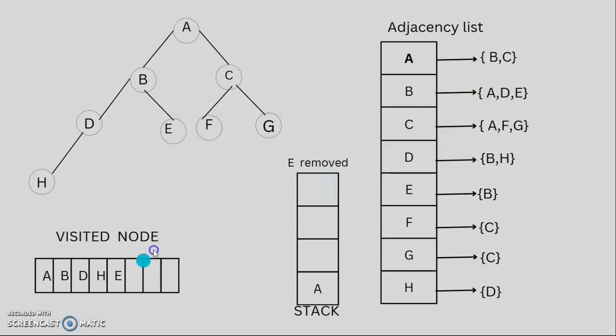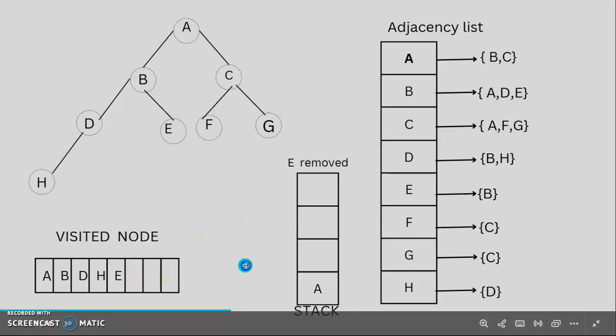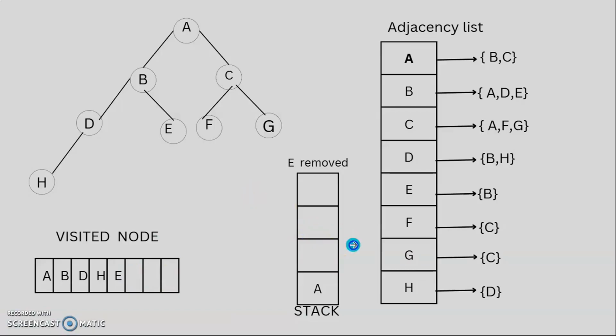So we enter E in the visited node and also in the stack. When you refer to the adjacency list of E, there is only one node B which is already visited. So E is removed now.